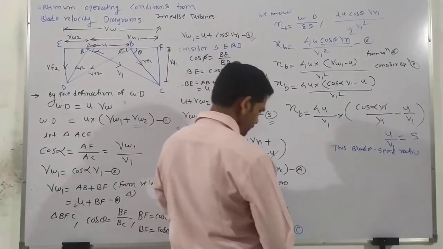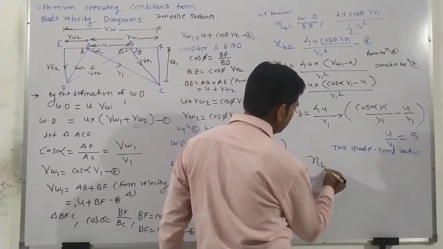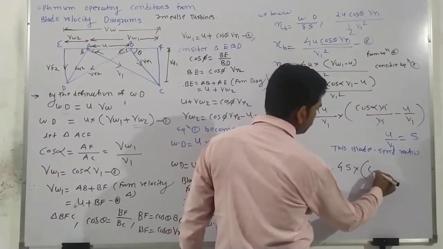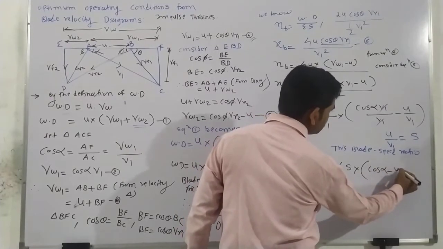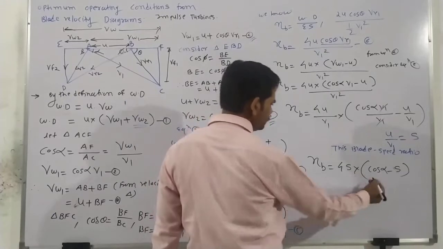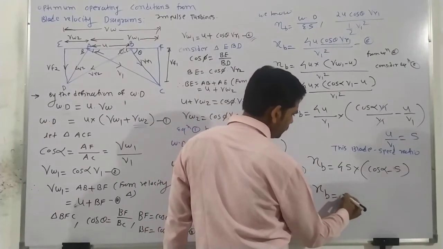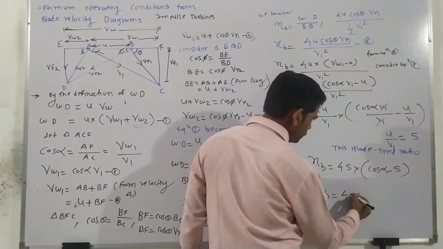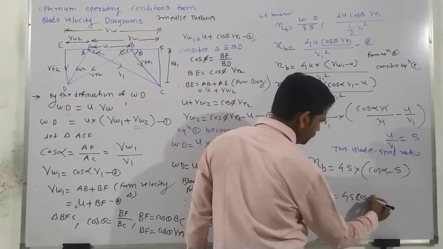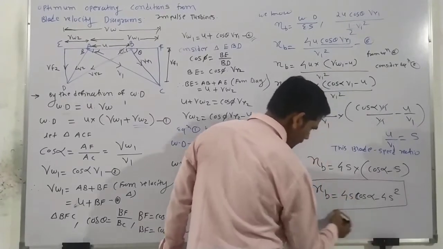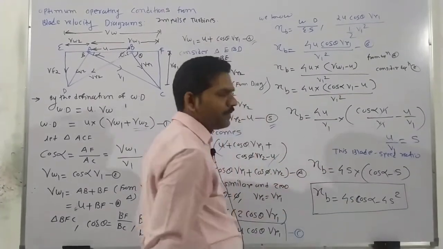We get the equation NB is 4S into cos alpha minus S. Yes or no? Yes. Then you solve. So NB is 4S cos alpha minus 4S squared. We get these equations.